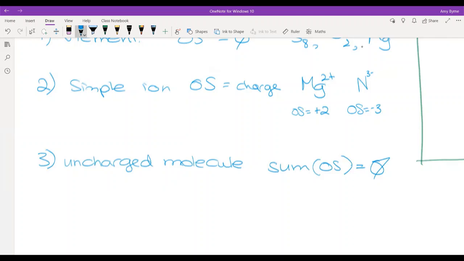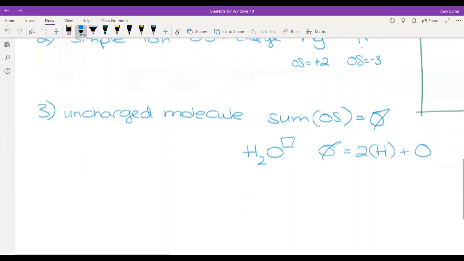So, for example, in water, zero is going to equal 2 times the value assigned to hydrogen plus the value assigned to oxygen, because water is an uncharged molecule.